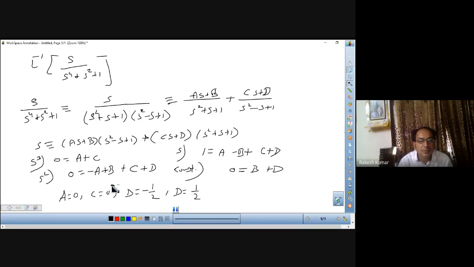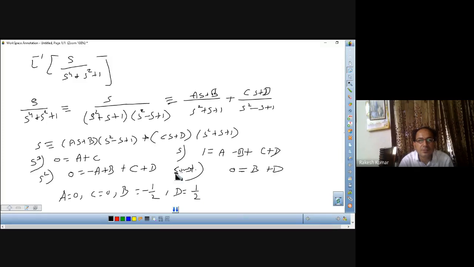You need to solve these equations simply by adding or subtracting. So we need these four constants: a is 0, c is 0, b is minus 1 by 2 and d is 1 by 2.